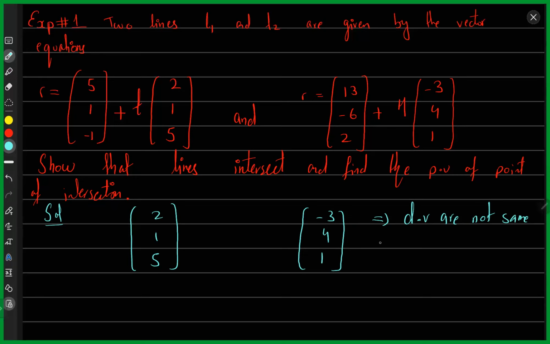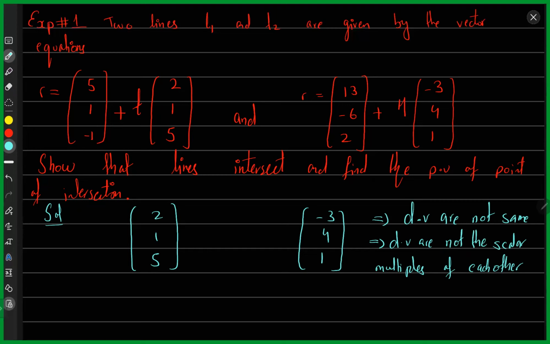Then the direction vectors are not scalar multiples of each other. This means that I cannot multiply any one of the two vectors with a number and get the other. So that is clear.